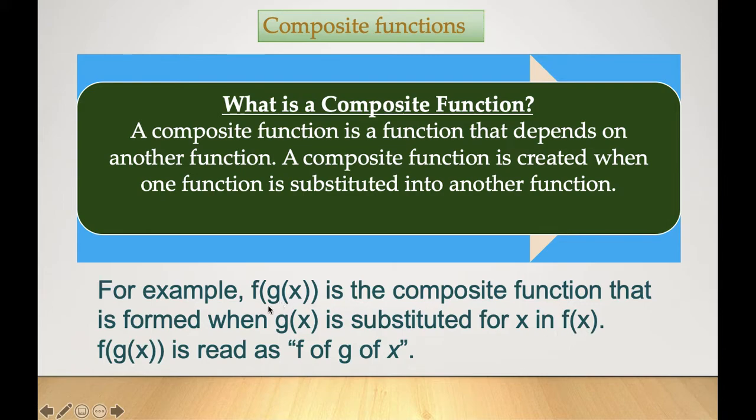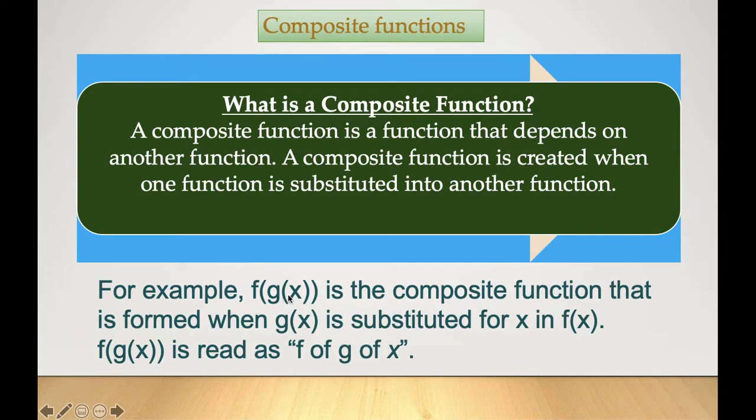Now we are dealing with f of g of x. So f of g of x is a composite function, found when g of x is substituted for x in f of x. That's how you read it.